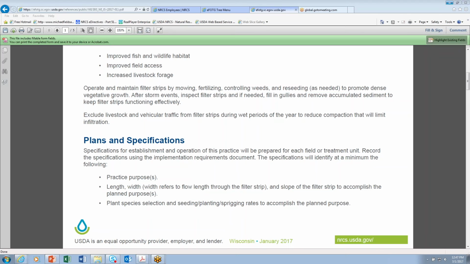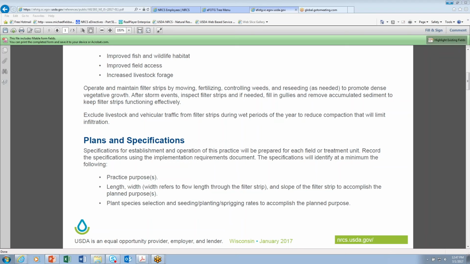Judy, is the calculator for getting the width in RUSLE2? No, RUSLE2 is going to give you the factors to make sure that you're at tolerable soil loss and that it's going to meet that 10-year.